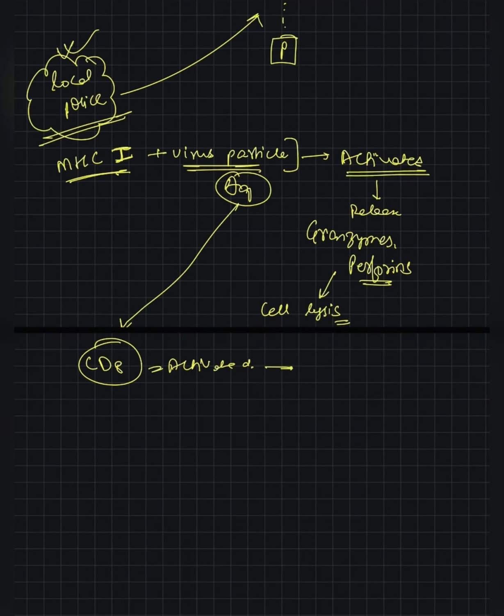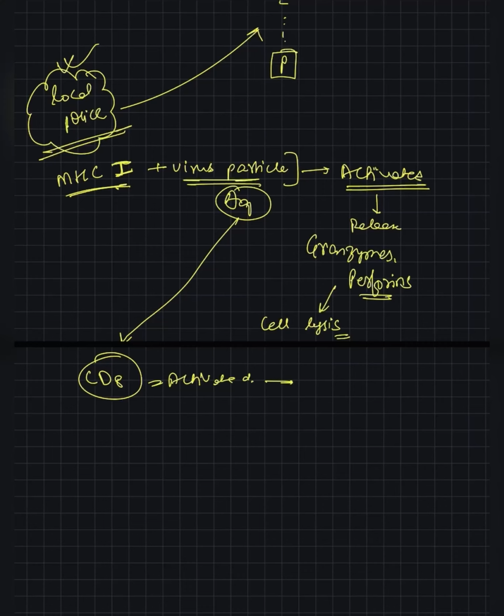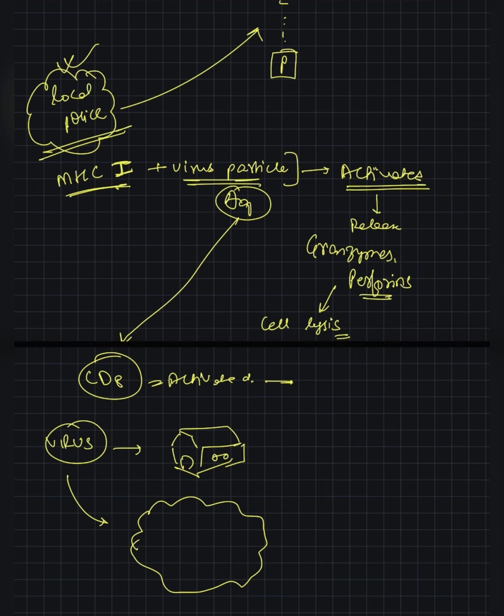Now, let us suppose that the virus did not enter my house. It saw that this house is there, but it is not so beautiful, so it will not go there. This virus saw this beautiful macrophage over here, so this virus entered the macrophage.